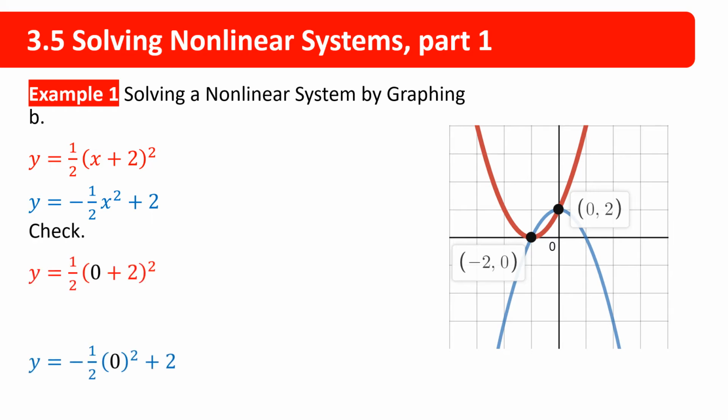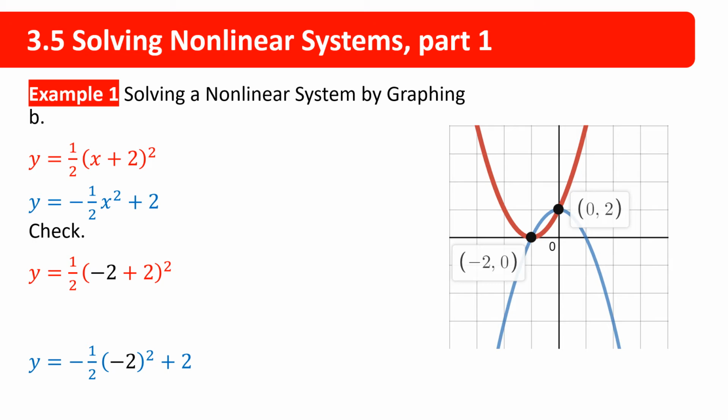If we take both equations and plug in 0 wherever we see x, 0 plus 2 is 2, 2 squared is 4, and 4 times a half is 2. So when we plug in 0 into our first equation, out comes 2. For the second equation, 0 squared is 0, 0 times -1/2 is still 0, plus 2 gets us to 2. So 0, 2 is in fact a point on our graph.